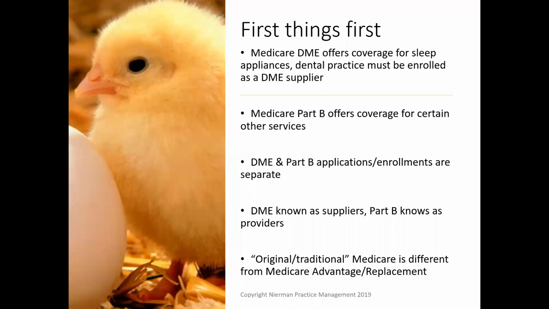As you probably know, DME suppliers are not providers. They're pretty much suppliers, just like if you were supplying CPAP. And there's two types of Medicare, and one is what I call real Medicare, which is original or traditional Medicare. And you might run into some patients who have Medicare replacement programs called Medicare Advantage too.